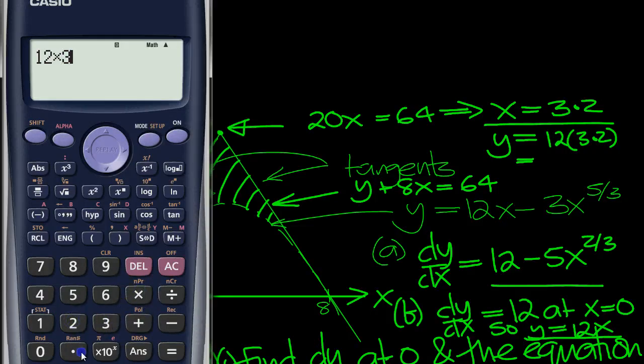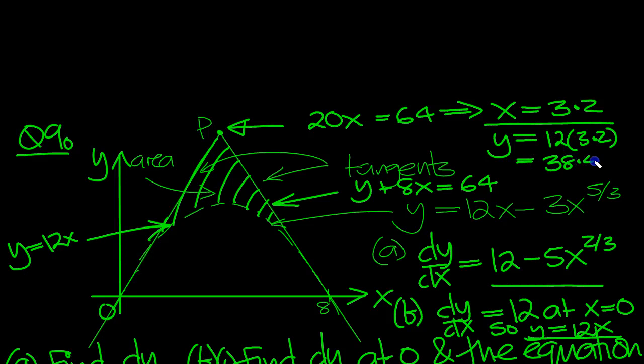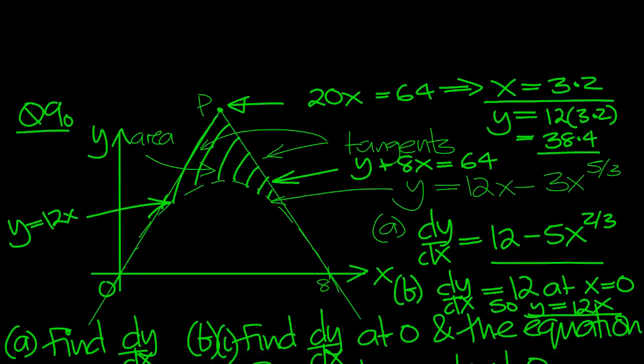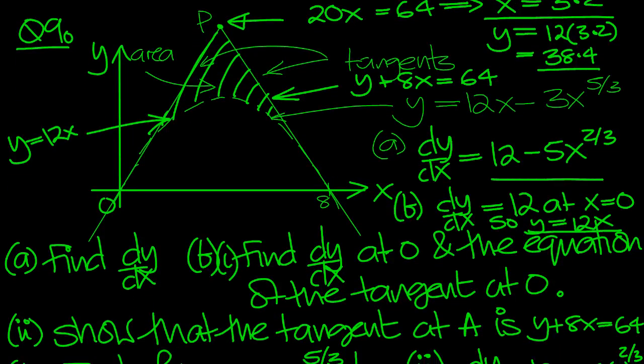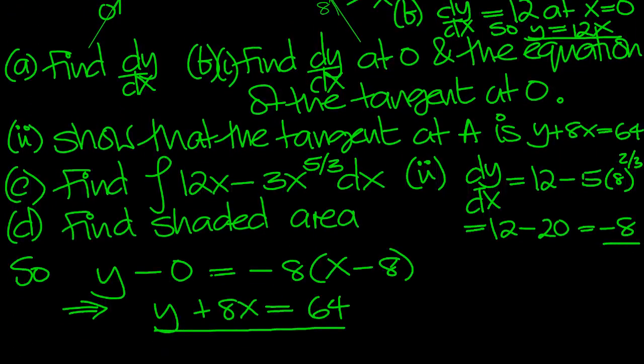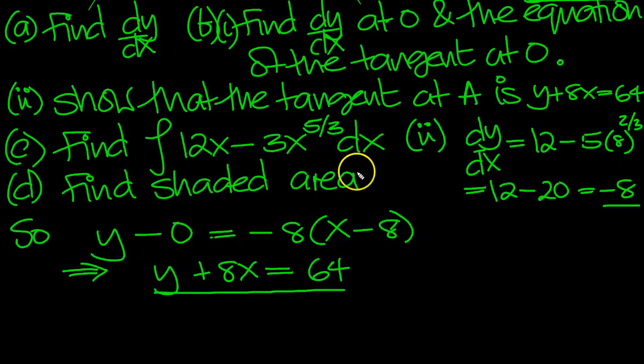I think we'll need this later, because we need the area of the whole triangle. So that's the height of P, which we're going to need later on.